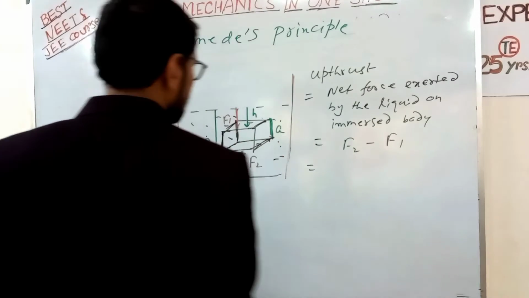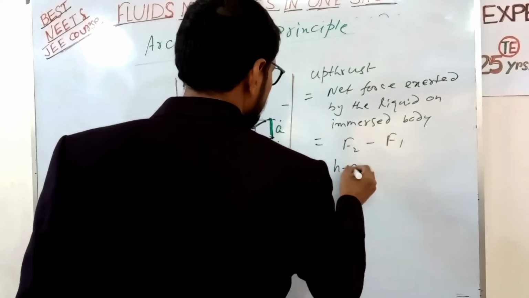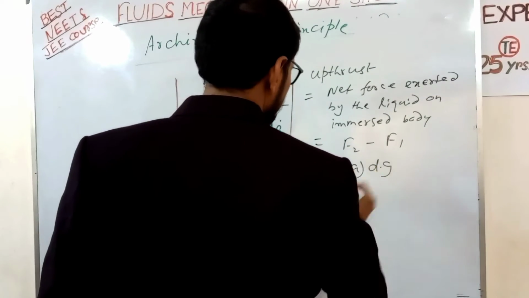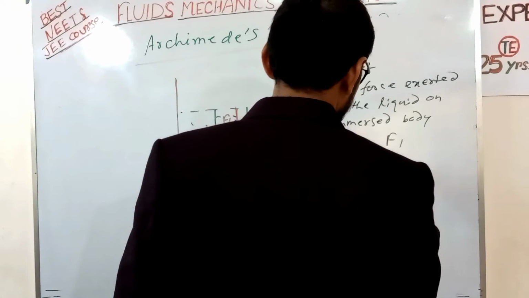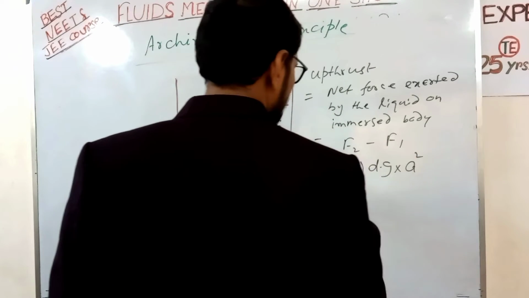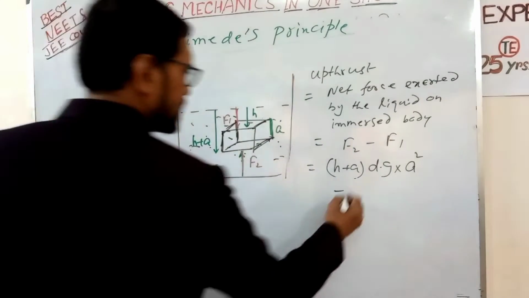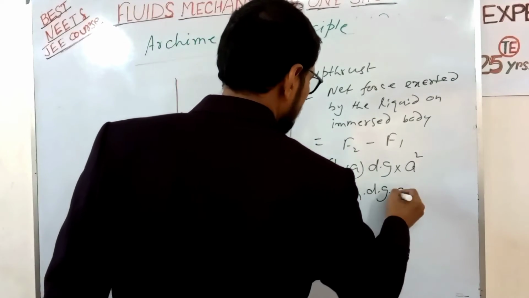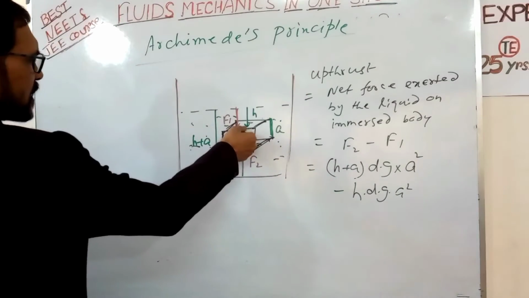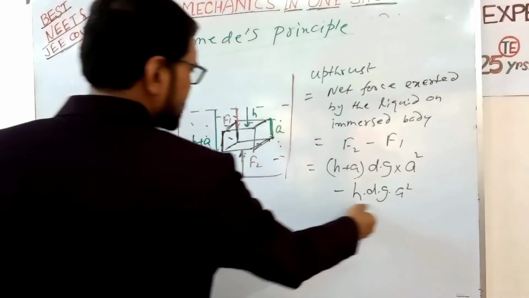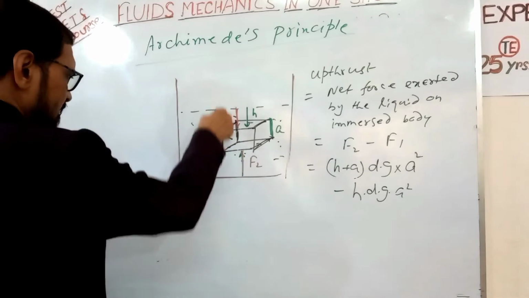F2 equals pressure, h plus a, density into g, pressure into area. Area is a square. This is pressure into area, force, minus F1. F1 equals h d g into a square, because this surface is at height h, so pressure equals h d g, and this surface is at height h plus a.